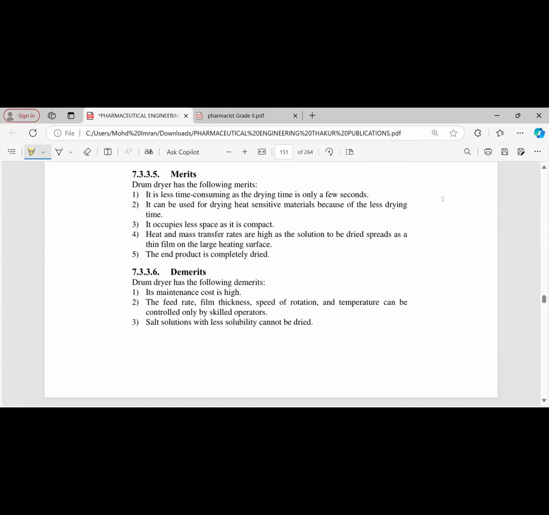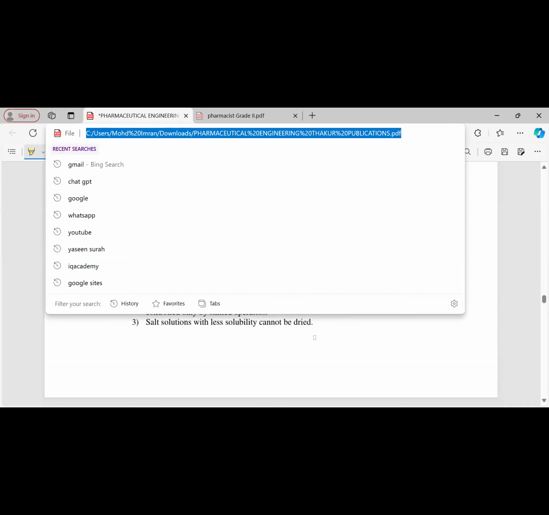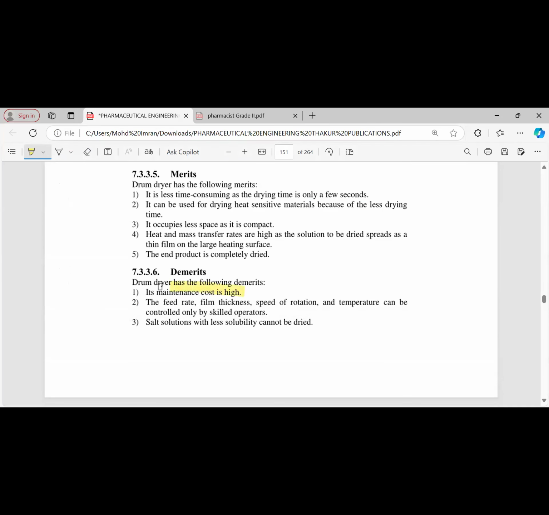What are the limitations of the drum dryer? A lot of demerits are there. Its maintenance cost is too high. That is one of the limitations. Next, salt solution with less solubility cannot be dried. Next, feed rate, film thickness, speed of rotation, and temperature can be controlled only by a skilled operator.